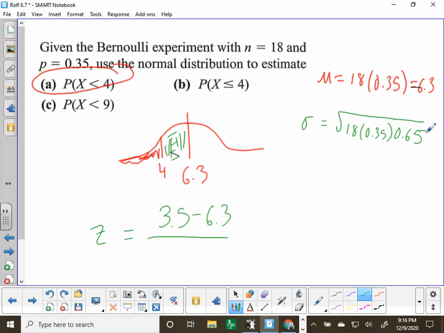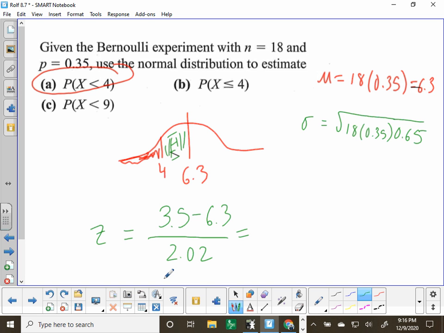Okay, type that into the calculator. Square root of 18 times 0.35 times 0.65 is equal to 2.02. So that'll give me my z-score, and I can get the green area from the table, and then I can subtract that to get that area there.